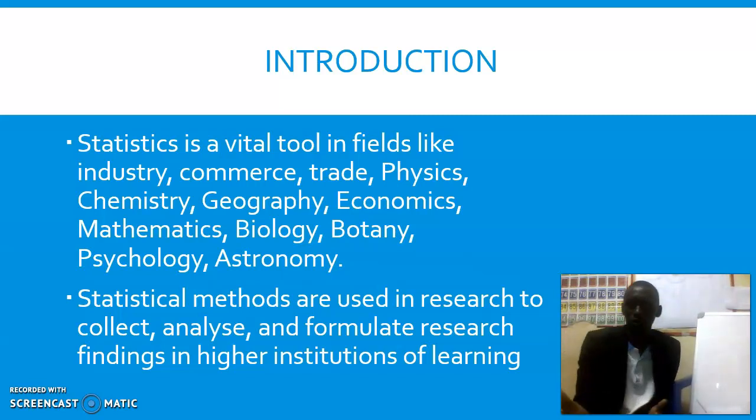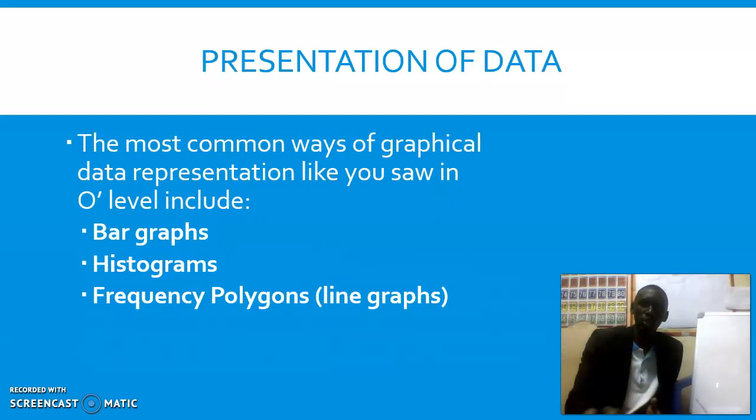Also, for some of you who will go to institutions of learning, you will need these statistics for any kind of research that you will do. You need to acquaint yourselves with these basic concepts of statistics.